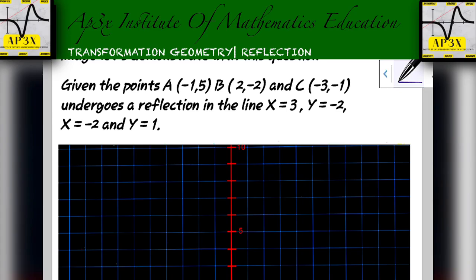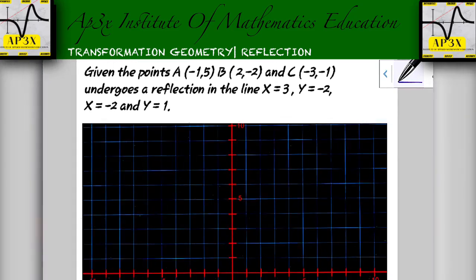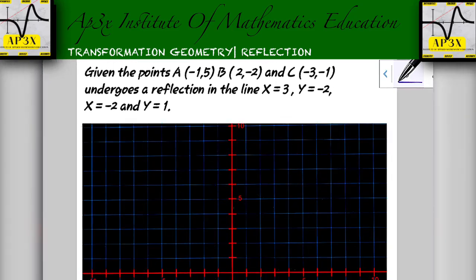All right, now let us go ahead and exercise our skill set of plotting points. So let's just use a white marker, and we're looking at plotting the points. Let's read the question first. It says, given the points A is (-1, 5), B is (2, -2), and C is (-3, -1), undergoes a reflection in the lines x = 3, y = -2, x = -2, and y = 1.